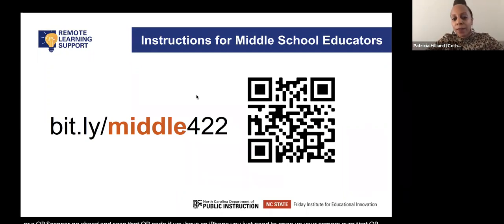If you don't have an iPhone, or if you don't have a QR reader, really quickly, go to that bit.ly link, bit.ly/middle422. All lower case, trying to keep it very simple. I'm gonna give you 5 seconds, middle and elementary educators, to get your directions for our next task. You got 3, you've got 2, 1. All right, high school, here are your directions.